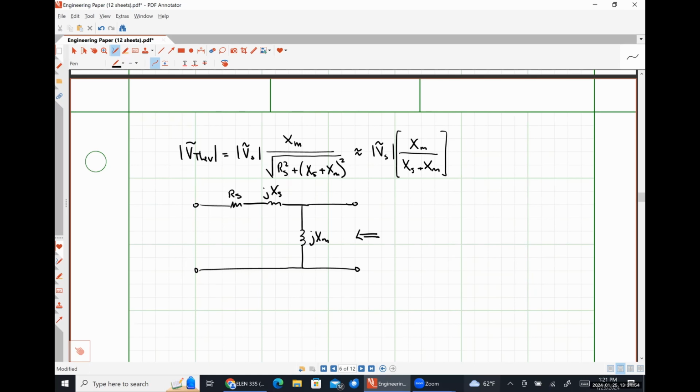So a dead network means my voltage source over here is turned off or short-circuited. So what do we have? We have that impedance JXm in parallel with the impedance Rs plus JXs. So that's going to look like JXm times (Rs plus JXs) divided by Rs plus J(Xs plus Xm).